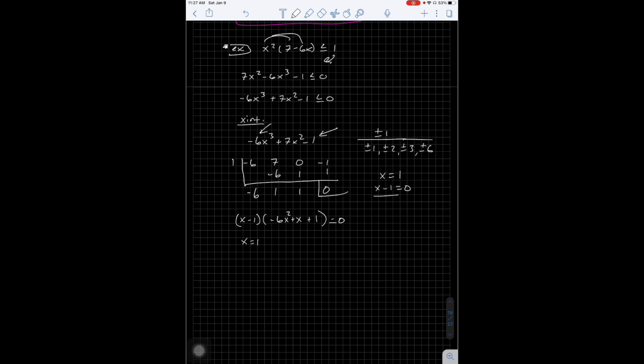And the question is, what about the other? Can I factor this? Let me move this down a little bit. I'm going to play with it for a minute. 3x, x, and if I'm going to go, oops, this is going to be a 2. So if I do a +1 and a -1, oh, they both have to be positive in order to work. Let's see if that works. This is a -3 and a +2.